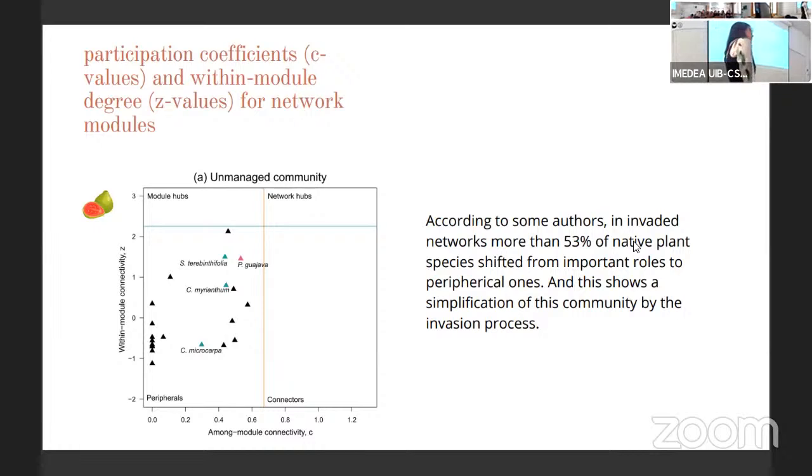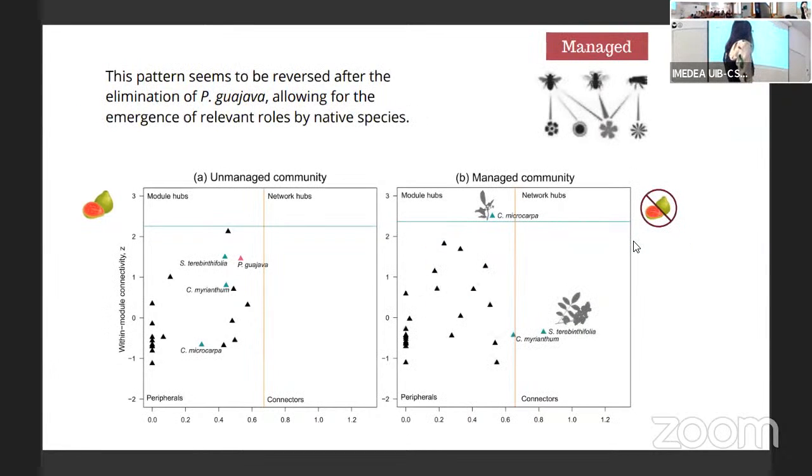Well, what happens after the elimination? After elimination, some native plants start to have important roles in this community, one acting as a connector, one almost acting as a connector, and others with important roles. So this pattern seems to be reversed after the elimination of guava, allowing for the emergence of relevant roles by native species.